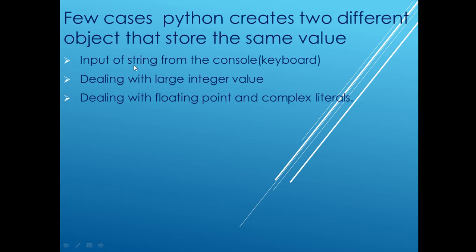But the S1 value we have assigned directly, like S1 equal to the string under quotes, but the S2 value we have assigned indirectly with the help of the user, using the input function. Therefore different objects are created for that particular case.